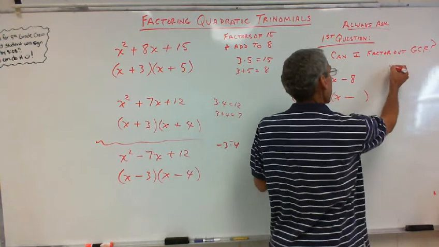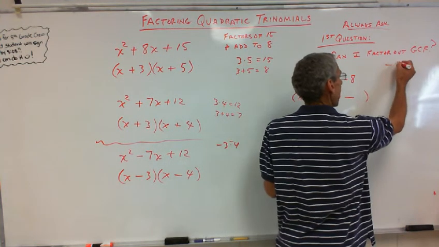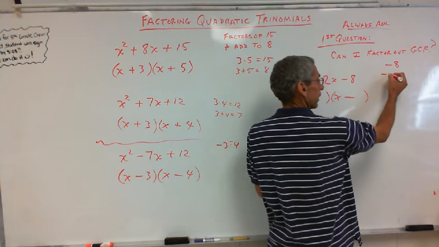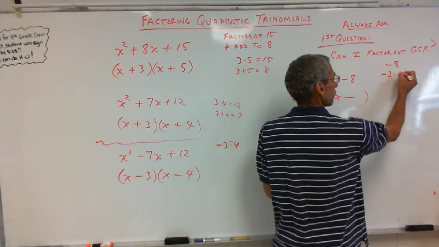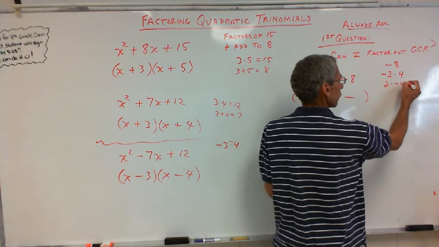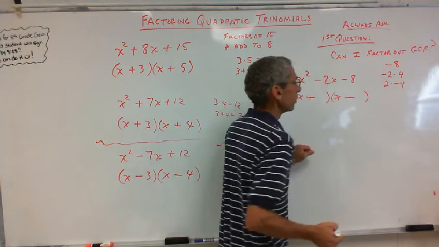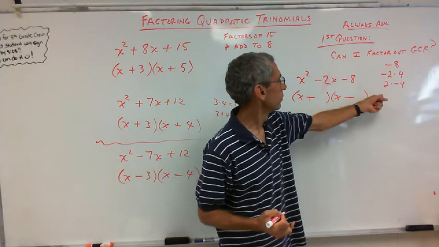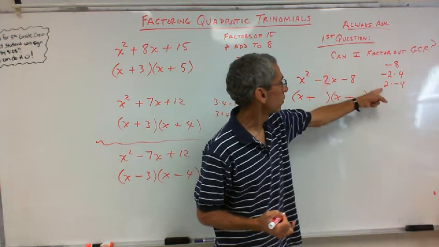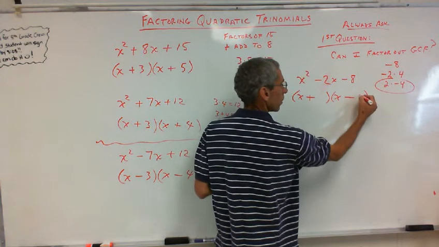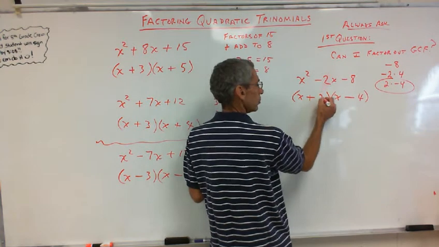I need factors of negative 8 that add to negative 2. Well, I could do negative 2 times 4, or 2 times negative 4. Which one, if I add them together, would give me negative 2? The second one. So I have to have my negative with the 4 and my positive with the 2.